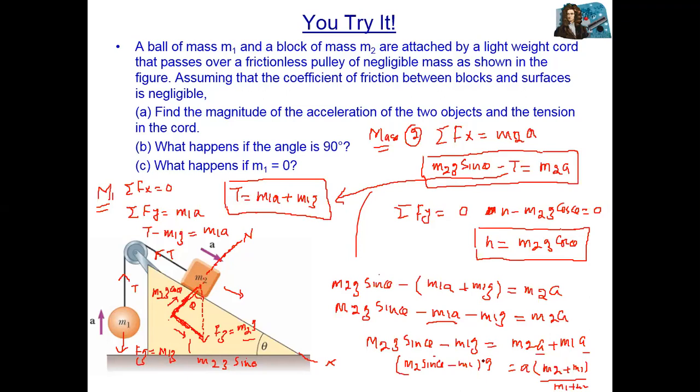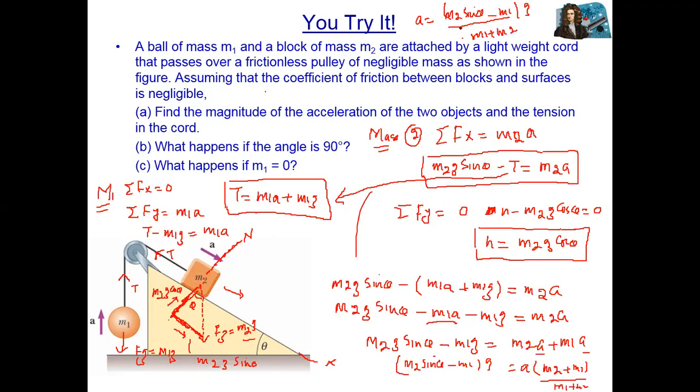We have the equation for acceleration. Acceleration is equal to m2 into sine theta minus m1, multiplied with g and divided by m1 plus m2.